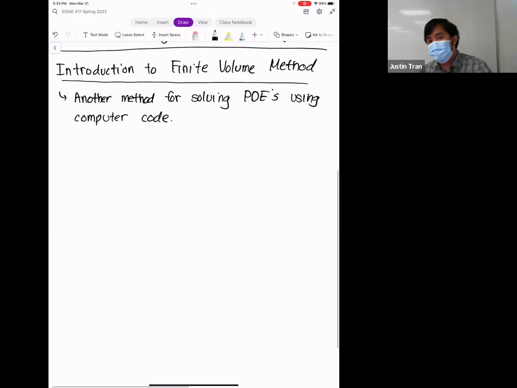And just like in finite differences, the way that we're going to do this is we're going to take a complicated PDE system, differential equations, and transform it into an algebraic system of equations. Just the way that we're going to do it is slightly different. The big difference between finite volumes and finite differences is that our focus is going to shift.